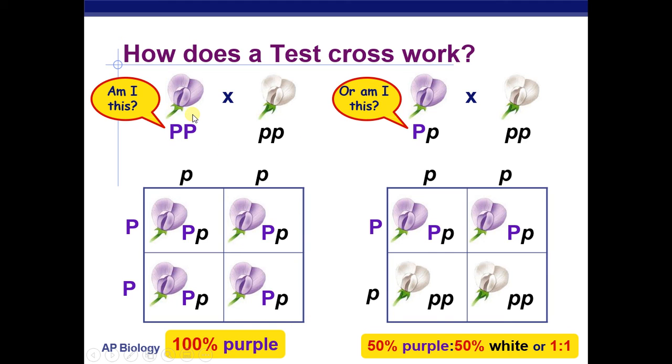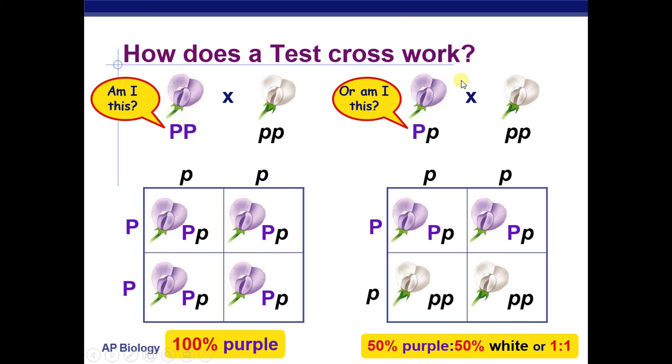So here is a test cross, and let's say in both cases we don't know what the purple flower is. It could be homozygous dominant or heterozygous. If we cross it with a homozygous recessive flower and the purple flower is homozygous dominant, well then we're going to get all purple flowers. All offspring have the dominant phenotype.